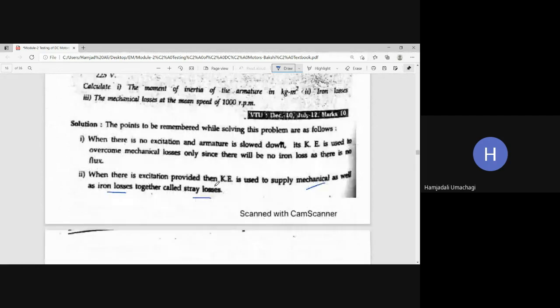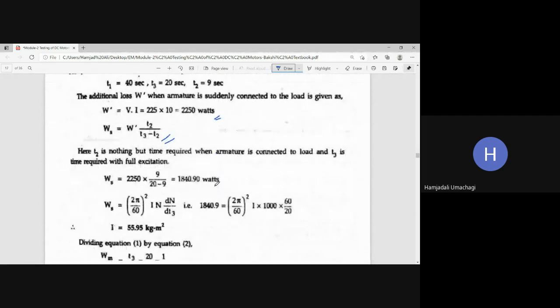So using all these formulas, now we are going to calculate.